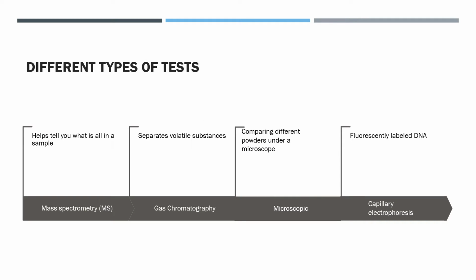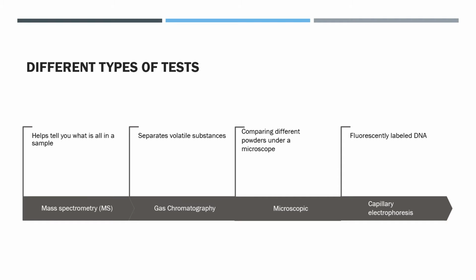So the different types of tests I'll be talking about. One, we have mass spectrometry, which is done through a mass spectrometer. We have gas chromatography. We have microscopic, looking at the items under a microscope, and capillary electrophoresis.